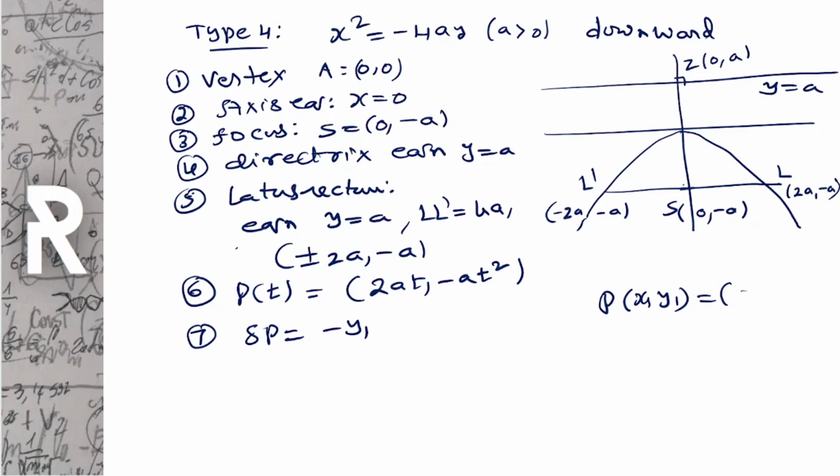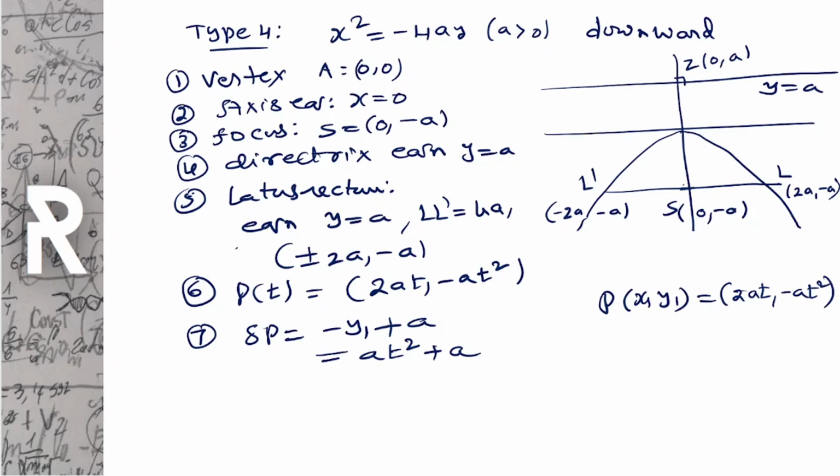Its coordinates are arbitrary: (2at, minus at square). y1 plus a, that value is at square plus a, the focal distance. These are 4 types.